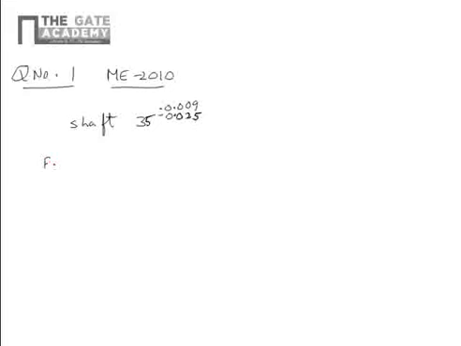So first, fundamental deviation is equal to the minimum of upper and lower deviation. First we draw the diagram, then you can easily understand.